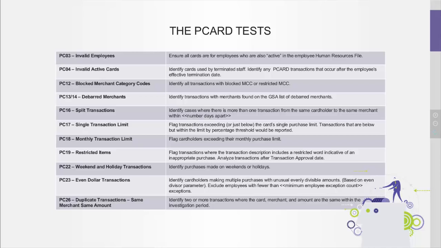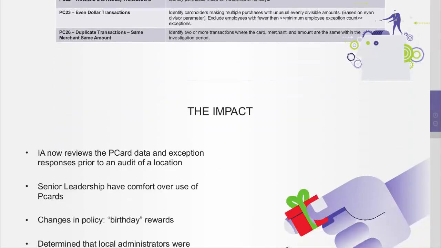That's awesome. And I've gone on screen here the list of tests and audit rules that you've applied. You mentioned the single transaction, so the split transactions there, and some of the other tests here as well. I guess you've got your even dollar transactions there. Is that catching any gift cards or things of that nature? It is. It actually is a big one for us.